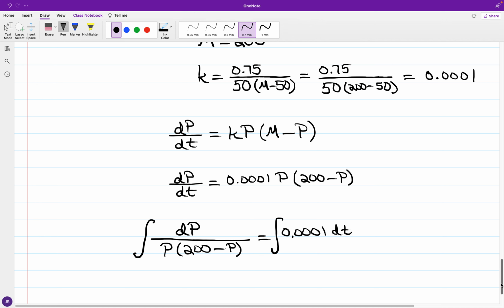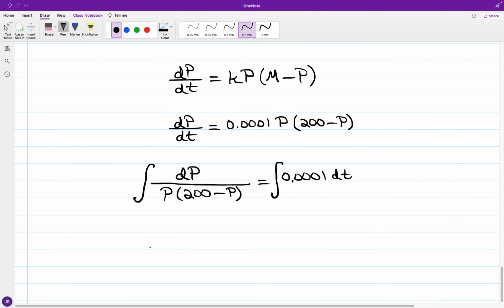Okay, and again, going back to the formulas, this is like a case of dx over x times m minus x, and the antiderivative, you're going to have 1 over m, which in this case is 1 over 200, and that is going to be the natural logarithm of the absolute value of p, all over 200 minus p.